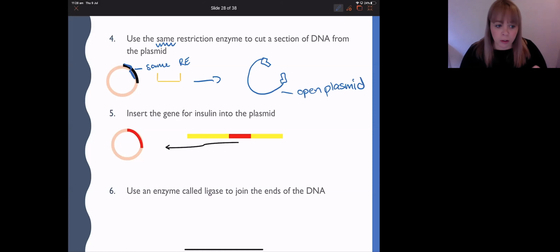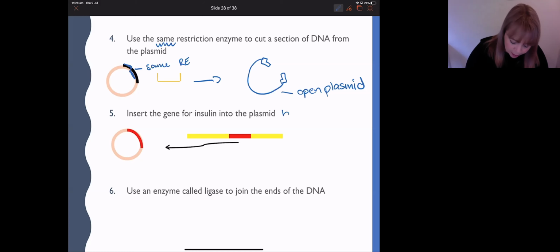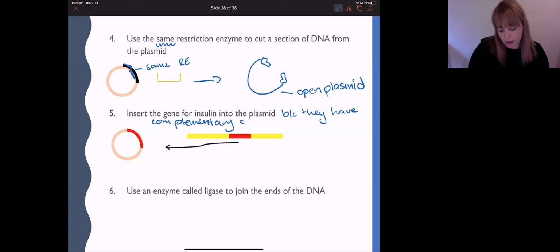Now, because we've used the same restriction enzyme, we can insert the gene for insulin into the plasmid, because they have complementary sticky ends. Okay, so because they have complementary sticky ends, we can insert the gene for the insulin into the plasmid.